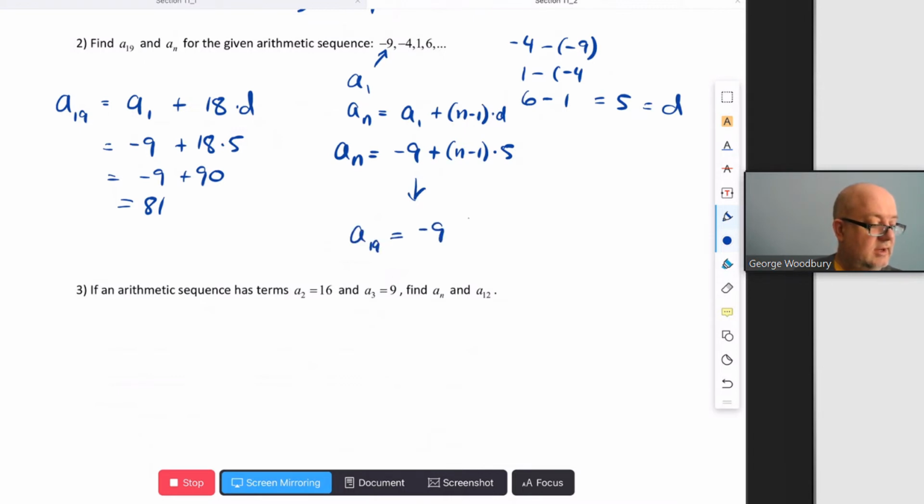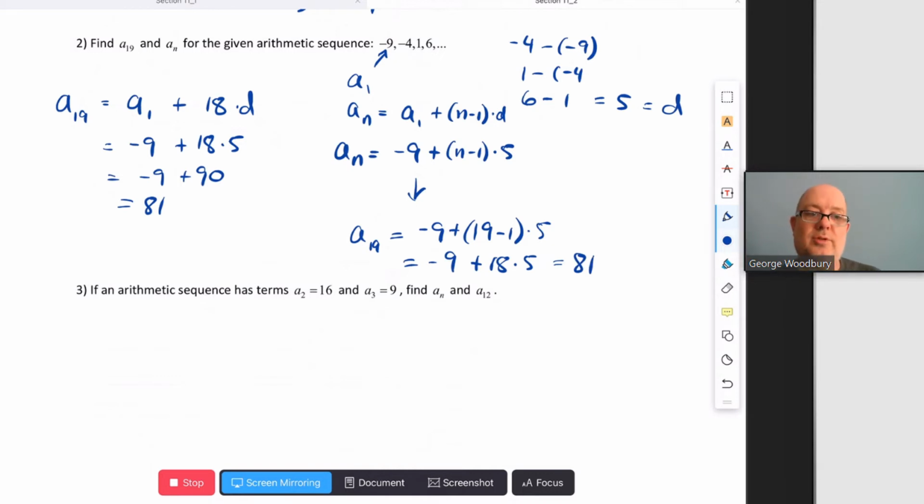It's -9 plus 19 minus 1 times 5. We get the same exact result that we had above. So if you're doing more than one of these, it makes sense to build up the general term first and then substitute the values in for n afterwards. If you're only finding one, you can pick or choose which way you want to go.